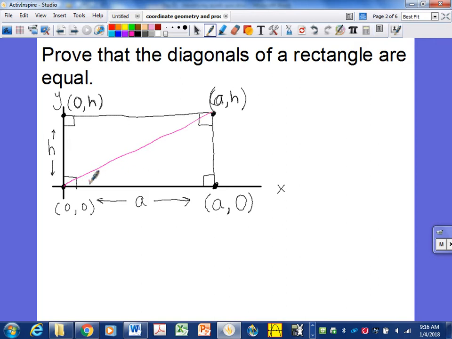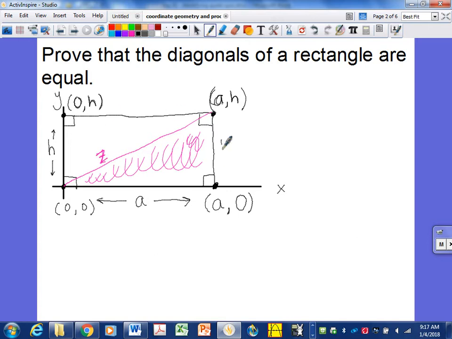So what kind of a lovely triangle do we have right here? A right triangle. So if we want to show that they are equal, we have to find this hypotenuse, basically. Let's call it Z. So we're going to find Z.